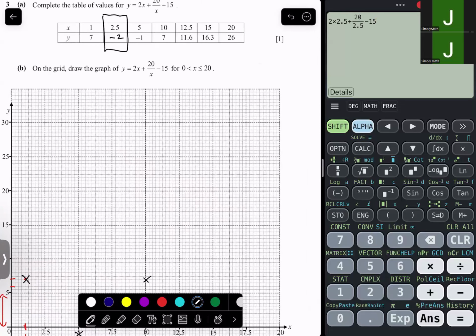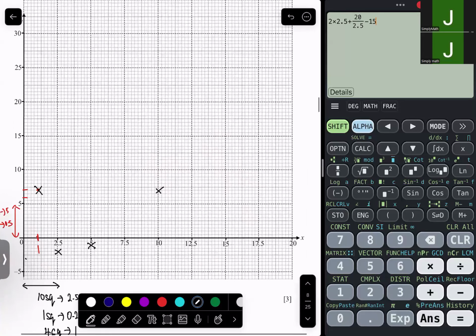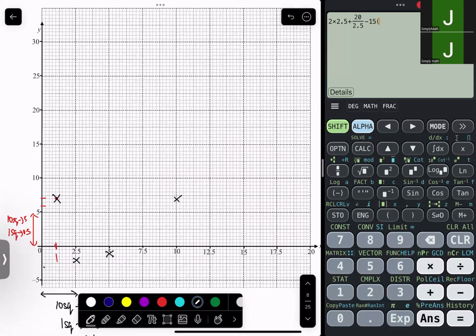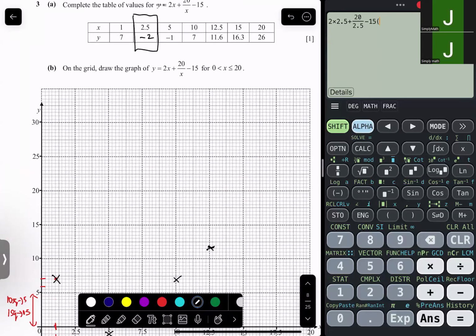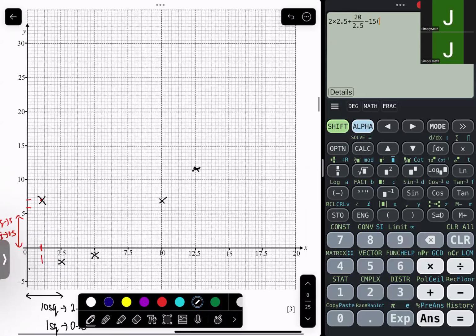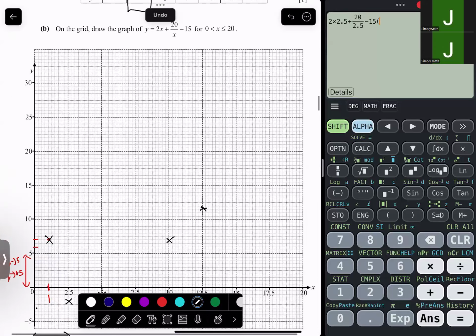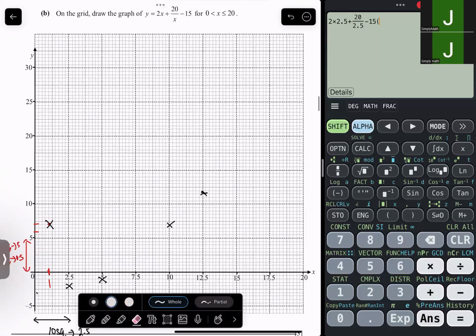Next, 12.5 and 11.6. 11.6 will be tricky because this is 10, 11, 11.5, so somewhere here. Then 15 and 16.3, a bit tricky, somewhere here.